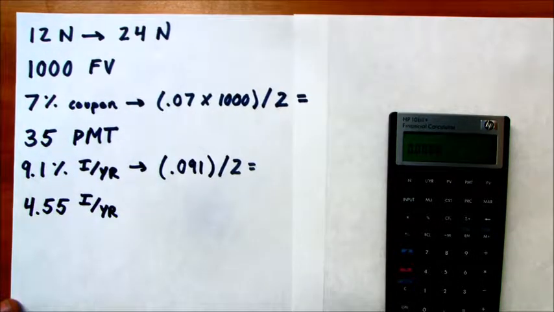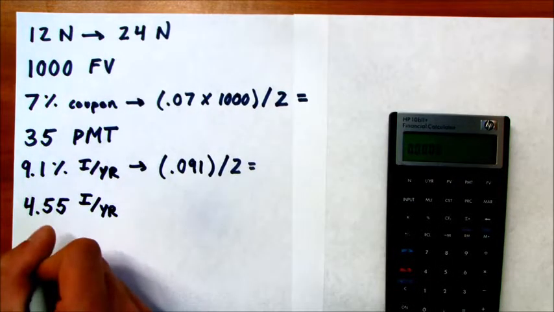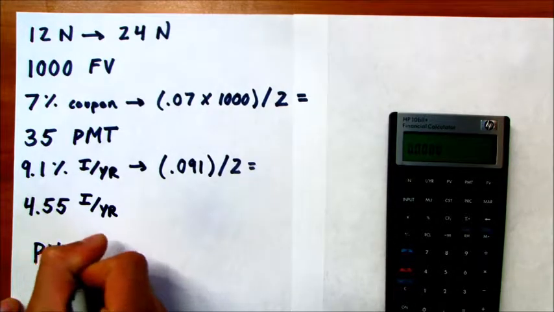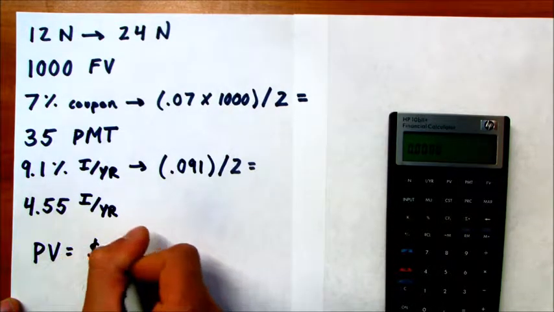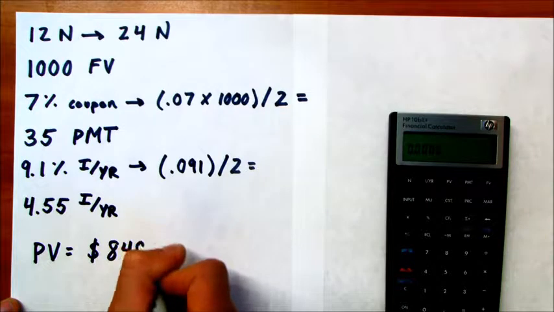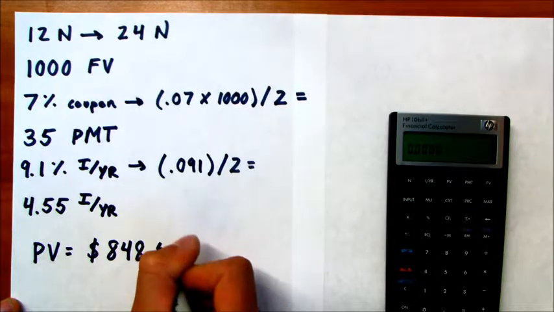Now we are ready for the final calculation of solving for the present value. Once solved, this results in $848.55.